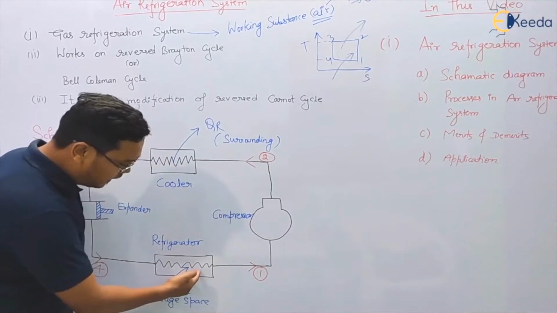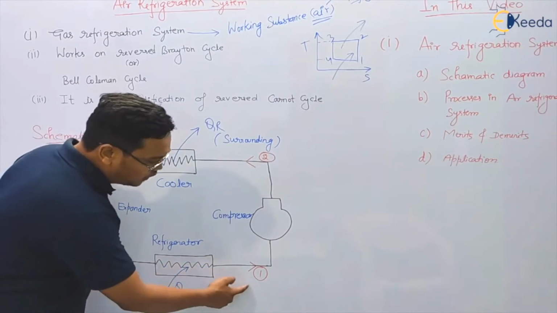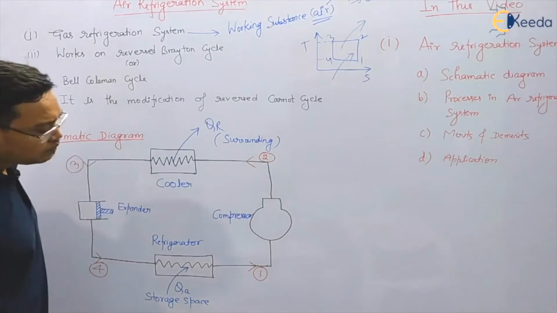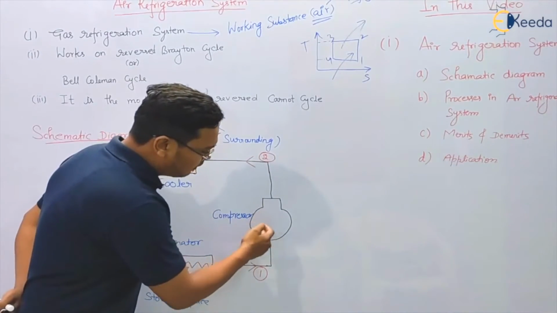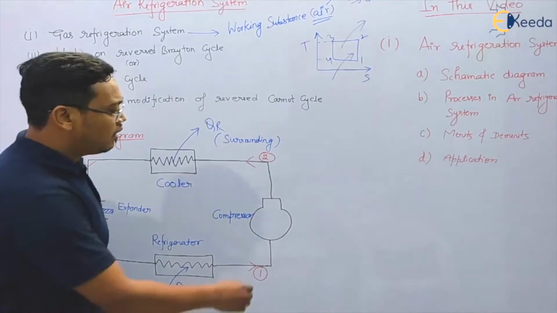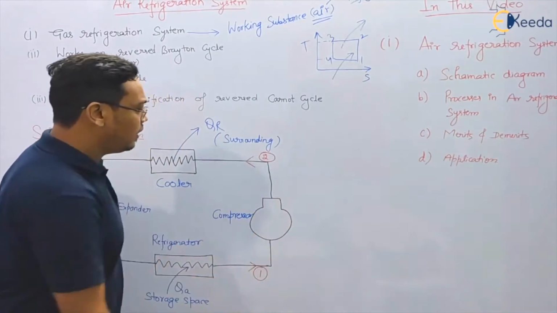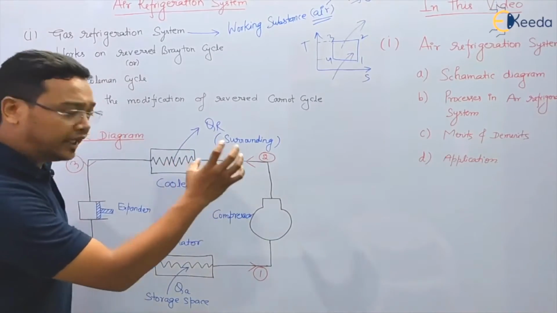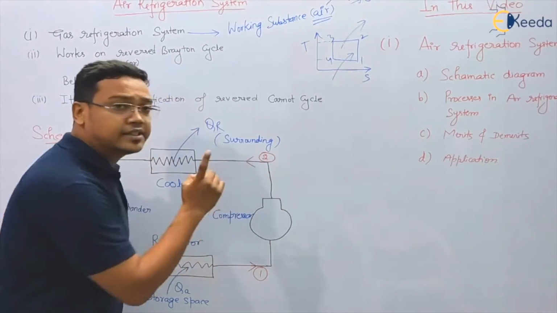After getting heat, the air will go to the compressor. In the compressor, air will be compressed. Compressing means pressure and temperature of air will increase.